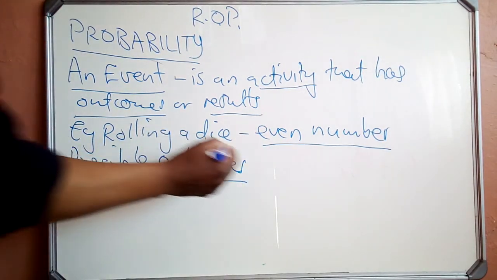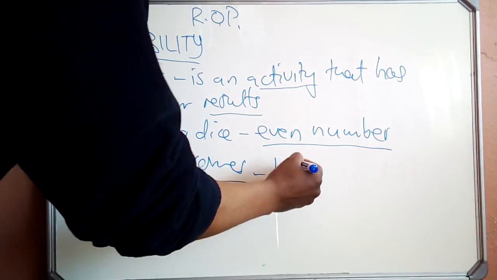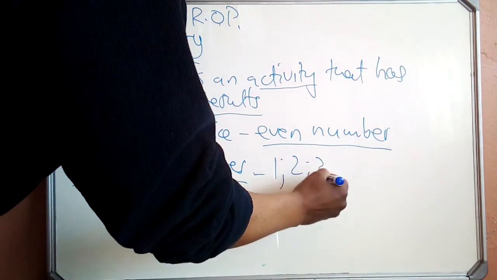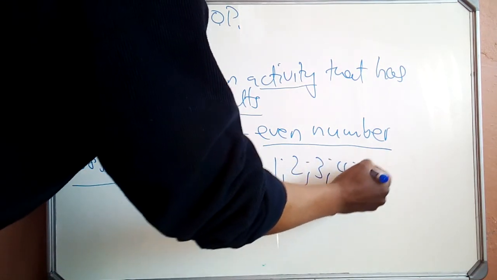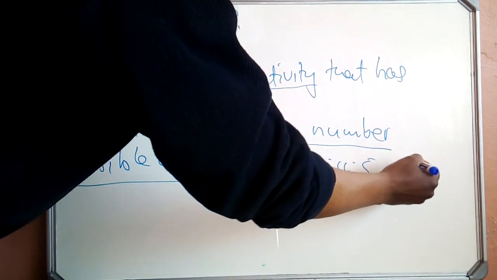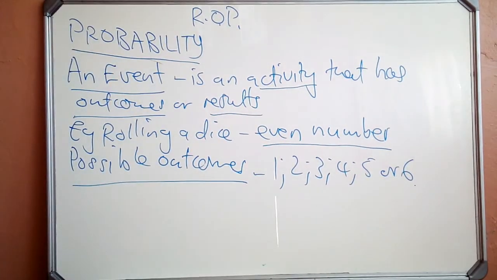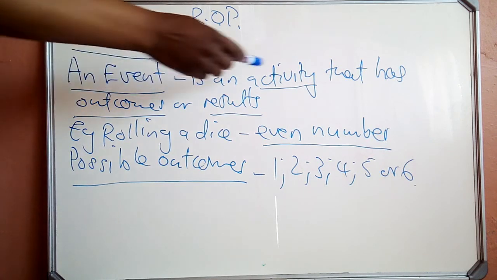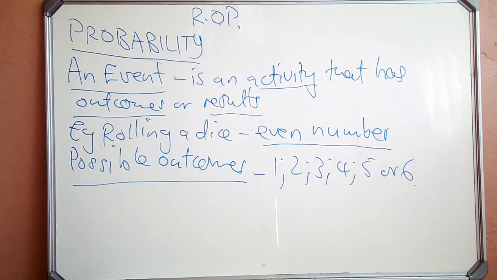The possible outcomes for rolling a dice are that it will be a 1, a 2, a 3, a 4, a 5, or even a 6. These are the possible outcomes. When we're looking at the possible outcomes, we're talking about all the outcomes or results that can come through the activity of rolling that particular dice.